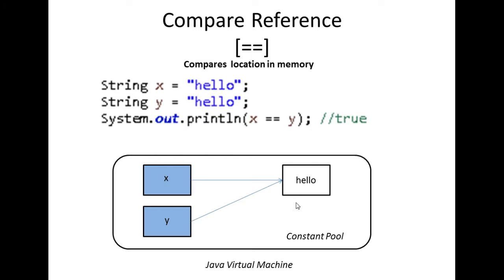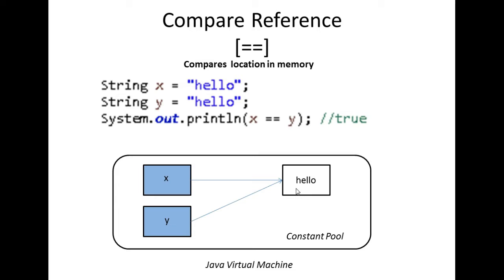So basically what's happening in this system.out.println, when we're comparing x equals y, we're actually comparing the location in memory. So x is pointing to hello, and then we have y, which is also pointing to hello. So that's what the double equals is pretty much comparing.